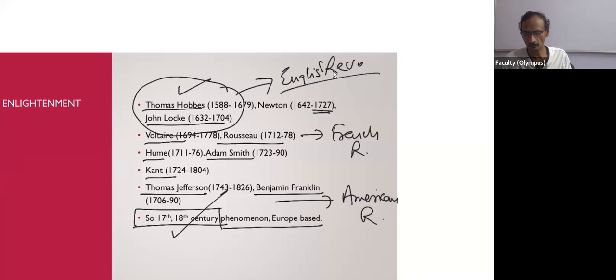So enlightenment involved all these revolutions, and before scientific revolutions, and industrial revolution, which was between 1750 plus, inspired by the spirit of enlightenment.